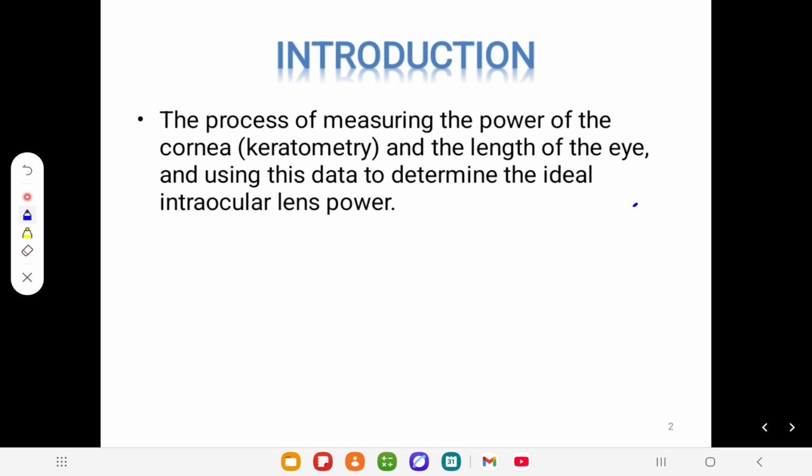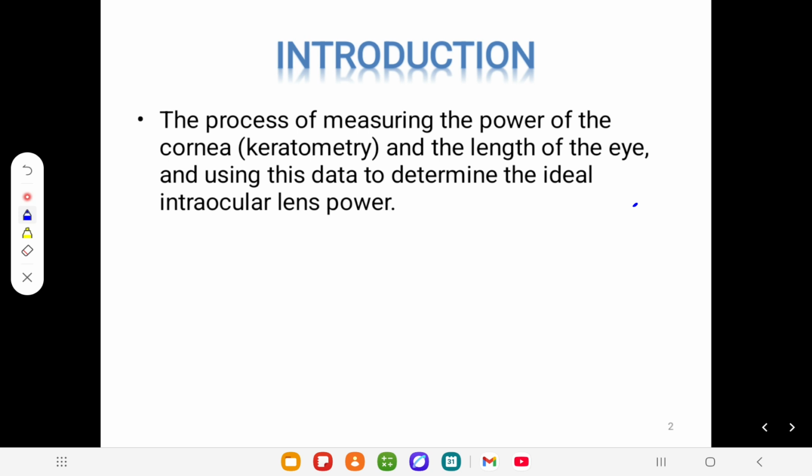In this presentation, I am not going to cover IOL Master and new formulas. There are a lot of formulas currently coming on, which is another story. But I'll cover a few formulas and the basic things which are very important in biometry, and how to understand optics whenever we're calculating the intraocular lens power.